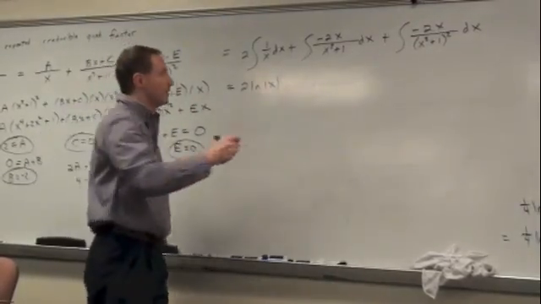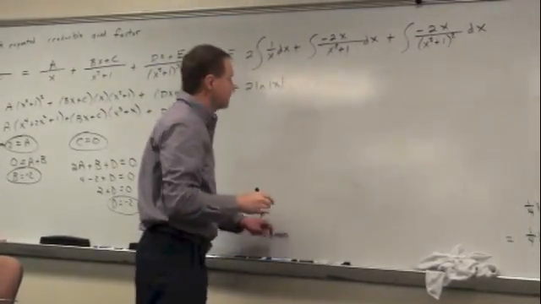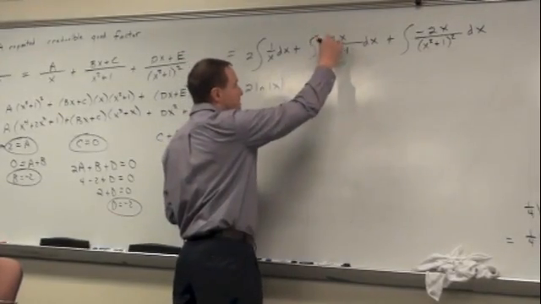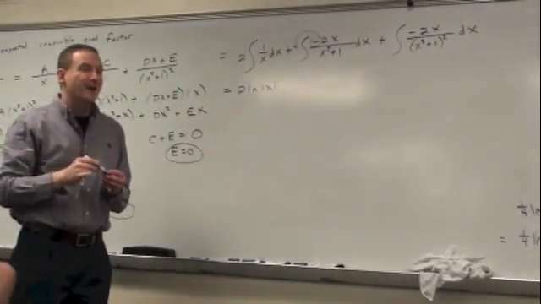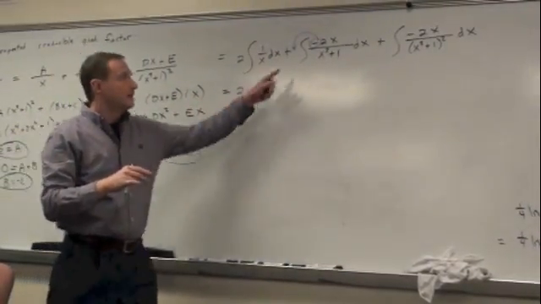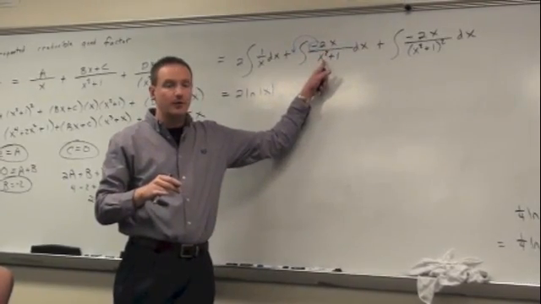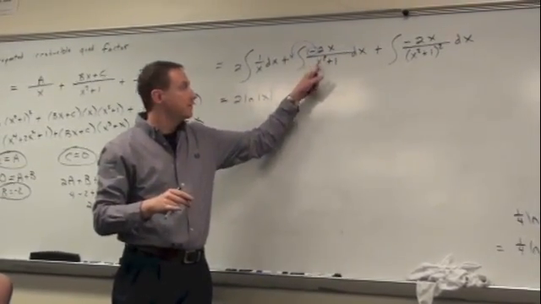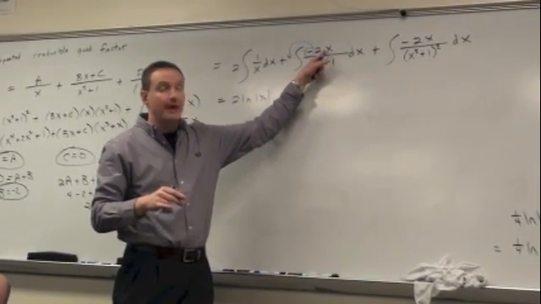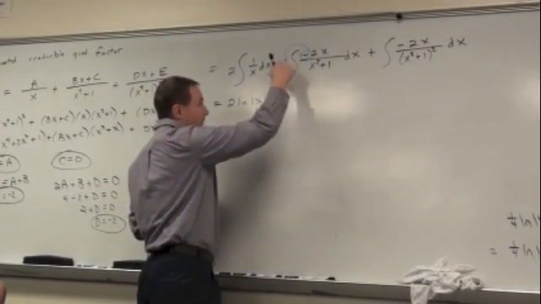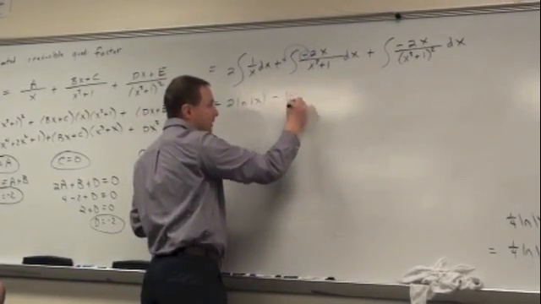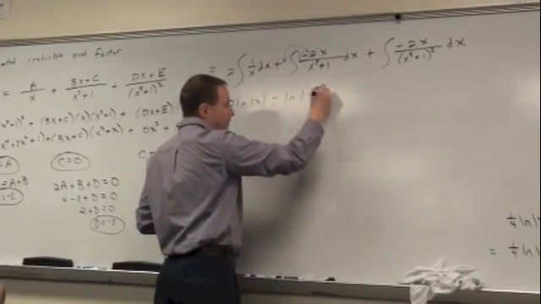In the next one, what I would recommend, instead of showing another step, I'll say this negative comes out, and I'll say minus the integral of 2x over x squared plus 1. The derivative of the denominator is in the numerator. Yes. Every time that happens, and I'll bring the minus out, it's minus the natural log of the denominator.